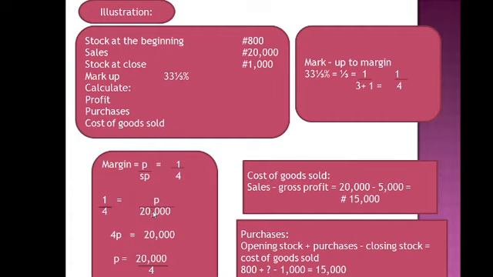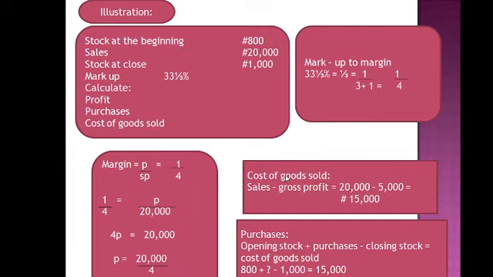Is that clear? Now we have 4P equals 20,000, so P equals 20,000 over 4, P equals 5,000. So we have realized our profit as 5,000. Hope you are following me.